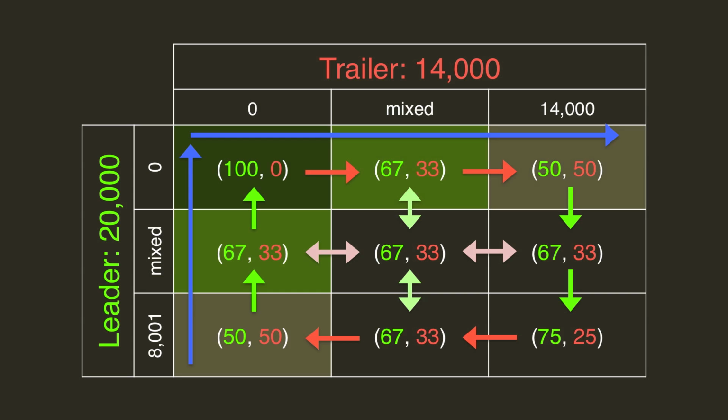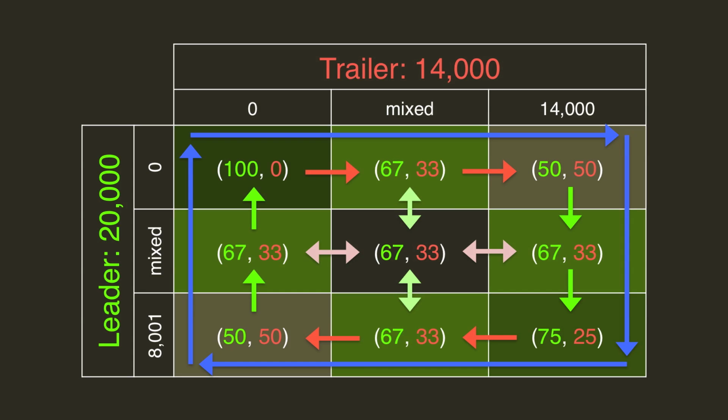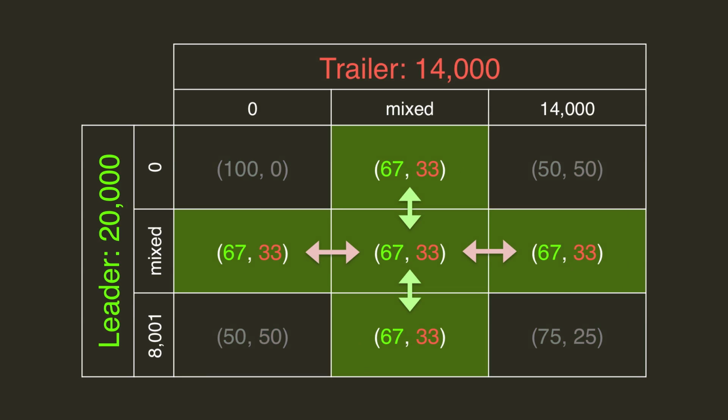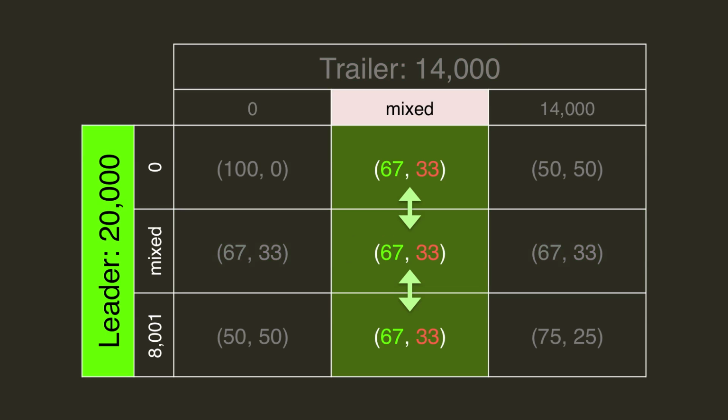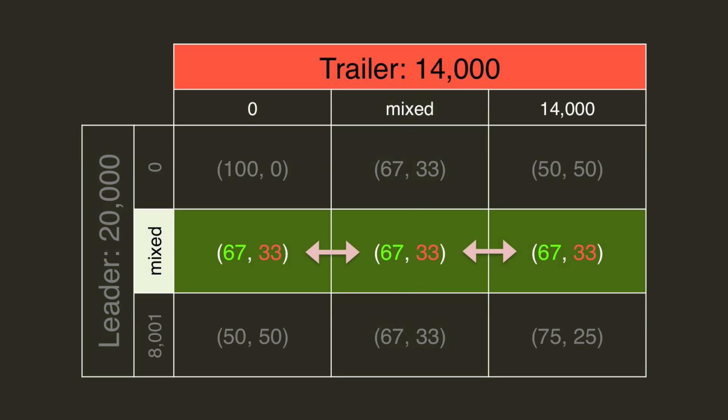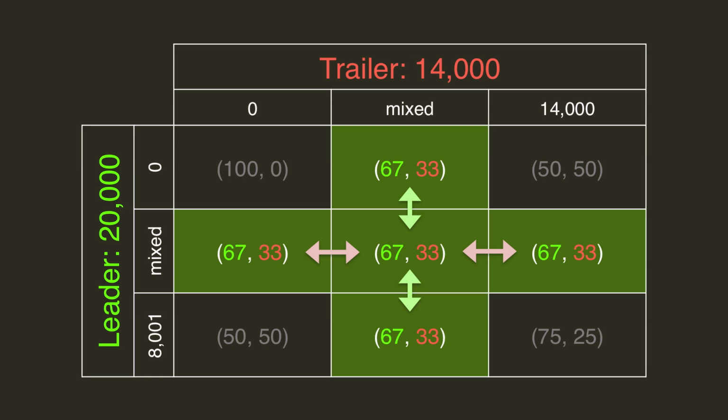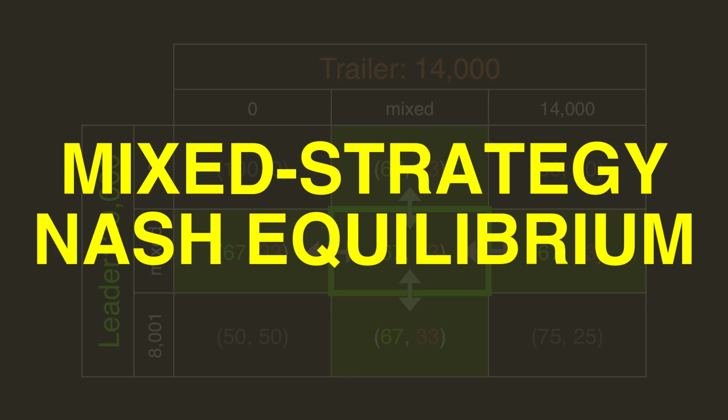If we follow the blue arrows around the outside of the matrix, we enter an endless pattern. But see what happens when we highlight the middle cell, where both players choose the mixed strategy. Neither player can do better by unilaterally changing his choice. Therefore, both players playing a mixed strategy is a Nash equilibrium, which we call, fittingly, a mixed strategy Nash equilibrium.